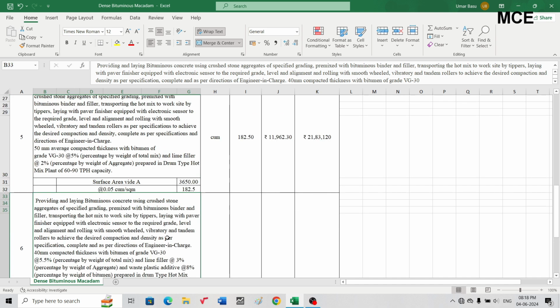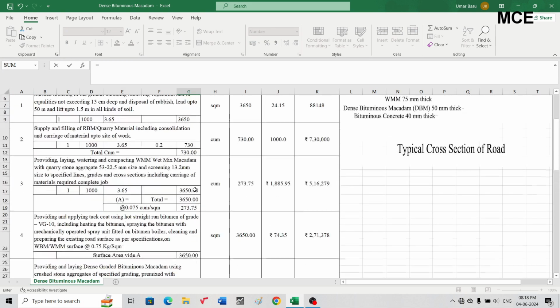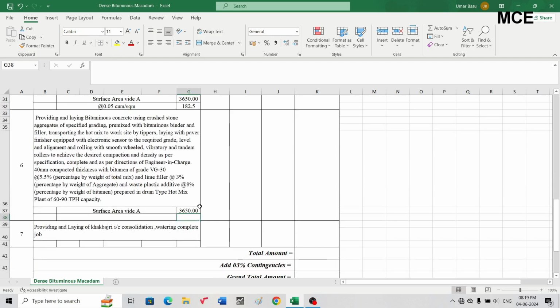Surface area is again the same as for the wet mix macadam, which is 3650, and its compacted thickness will be 40 mm or 0.04 cubic meters per square meter.